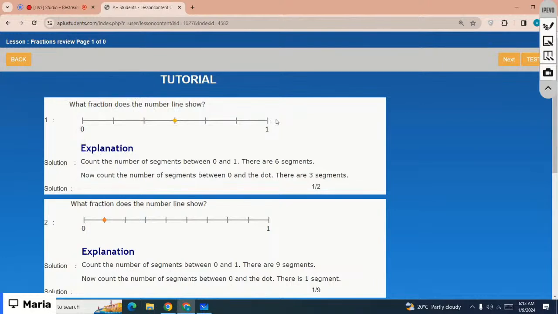And now count the number of segments between 0 and the dot. So between 0 and the dot, you have 1, 2, 3. That means there are 3 segments between 0 and the dot. So the dot is on the half of the number line, right? Let's just start with the test question.